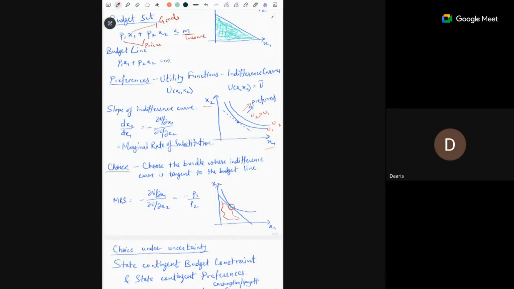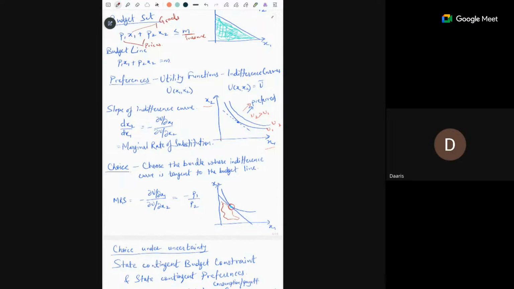The choice would be the bundle where the indifference curve is tangent to the budget line. Mathematically, the slope of the indifference curve, the marginal rate of substitution, should be equal to the slope of the budget line, minus p1 by p2. We have solved some questions on this in the lectures as well as in the live sessions.